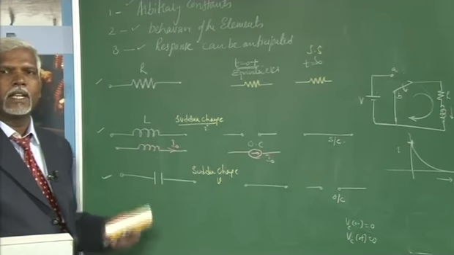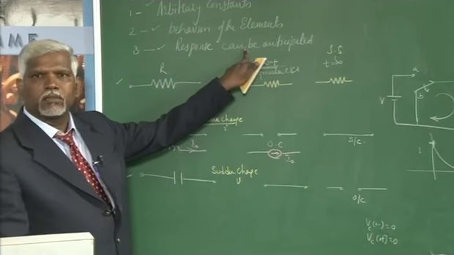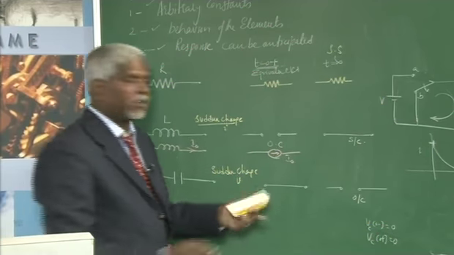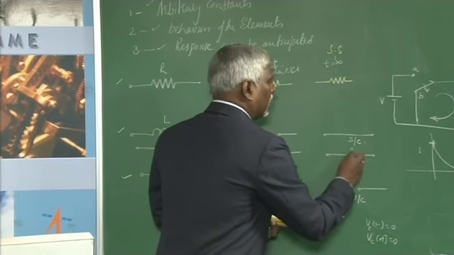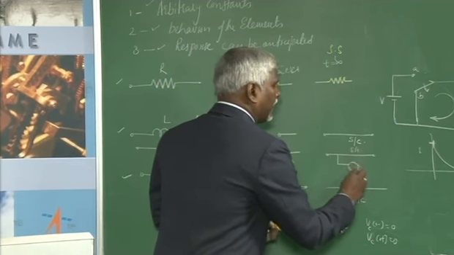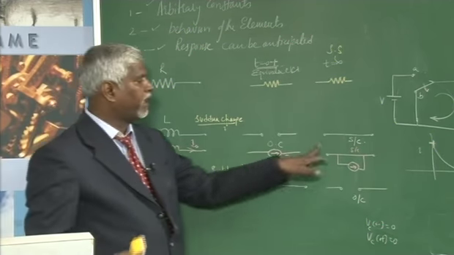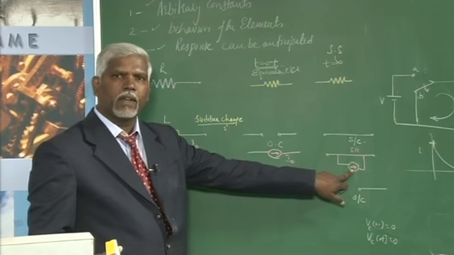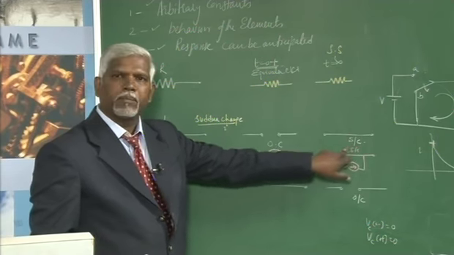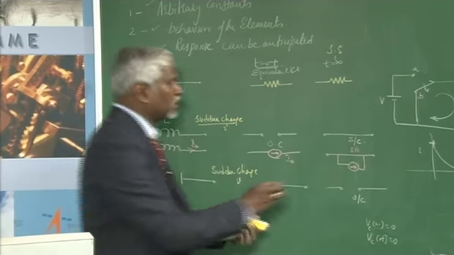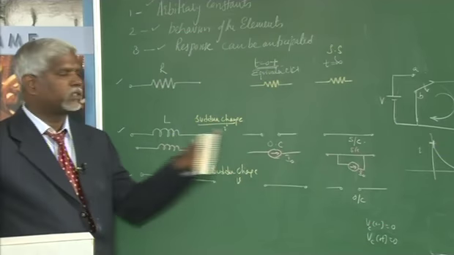I should represent an inductor with initial current as a source of value I naught at t equal to 0 plus for analysis, and then the final state will be a short circuit. This symbol indicates that it initially behaves like a current source of value I naught and finally acts as a short circuit. Final states are the same, whether it is open circuit or short.